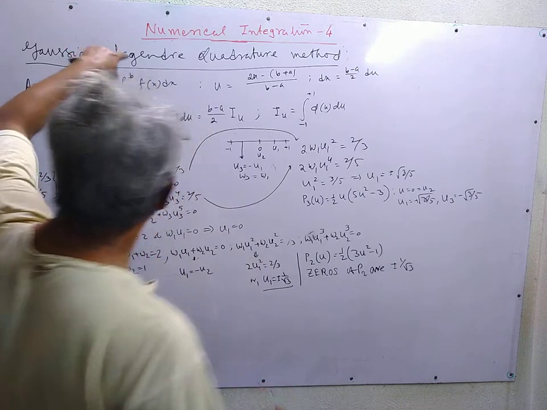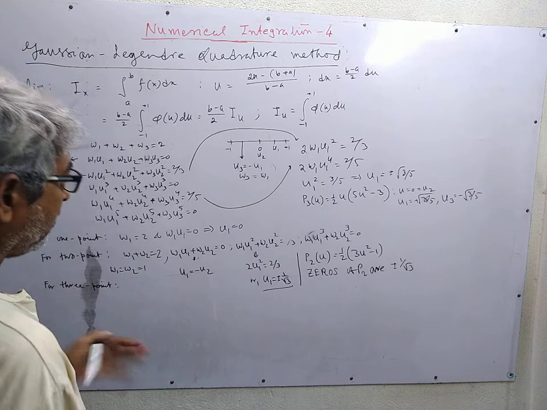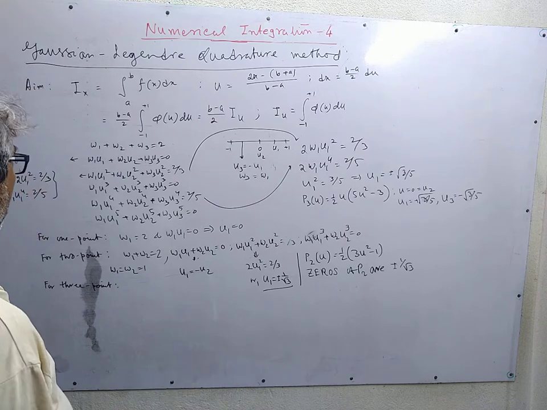That is why this is called Gauss-Legendre quadrature.